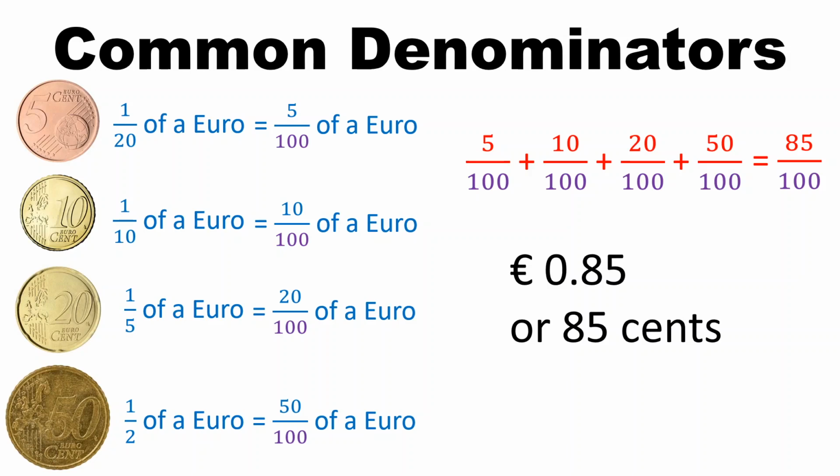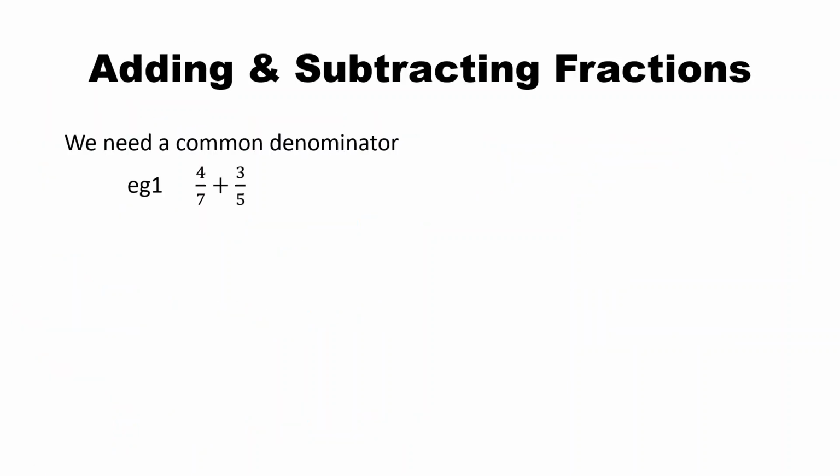Let's try an example where we're not so sure what that common denominator should be. So for example, 4/7 plus 3/5. To find a common denominator, we need to find some common multiple from the 7 and 5's times table. So you know your 7's times table, 7, 14, 21, and so on.